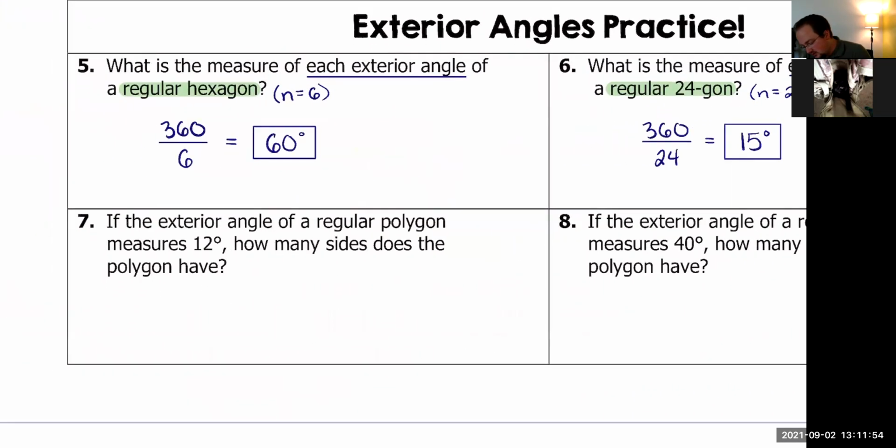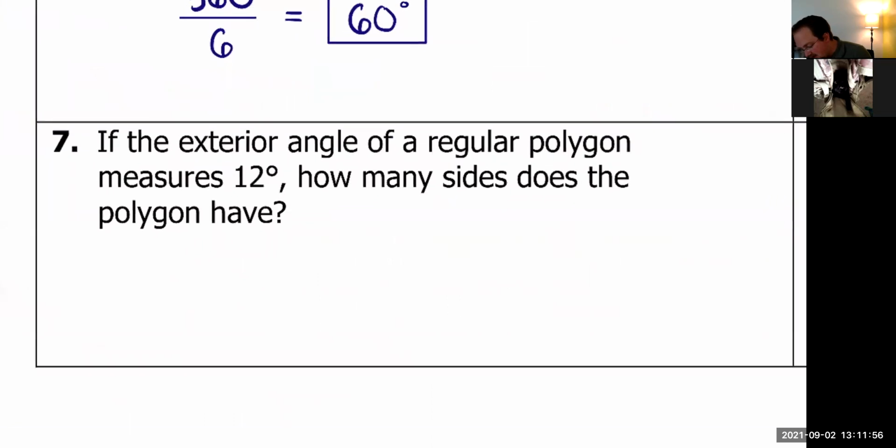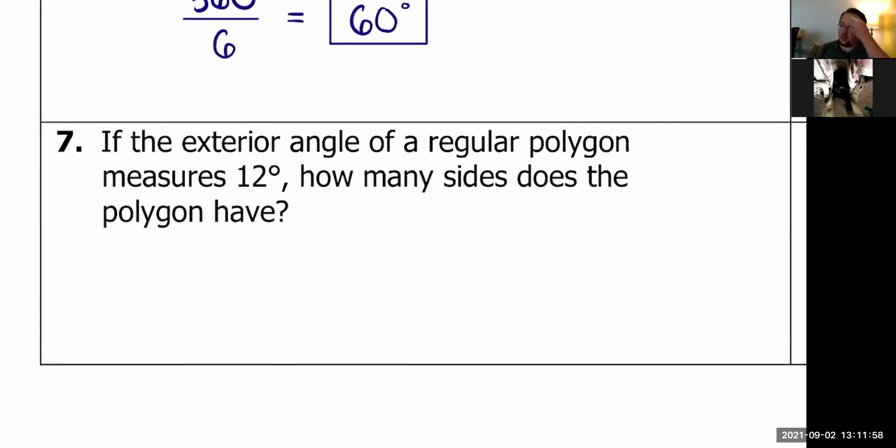Now, the last two are slightly more advanced because they require us to interpret what information we actually have. So it says, if the exterior angle of a regular polygon, so that way we know they're all the same, measures 12 degrees, how many sides does the polygon have?